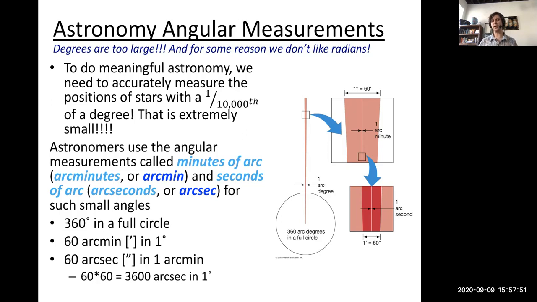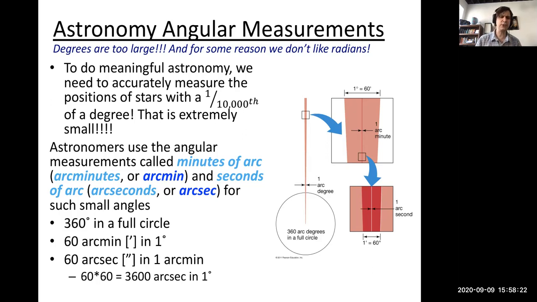And since there are 60 arc minutes in 1 degree, that means we have 60 times 60, 3,600 arc seconds in 1 degree. So 1 arc second is 1/3600th of a degree, which puts us right about where we need to be for doing meaningful astronomy. The arc second, even though it's a ridiculously small angle, is a large angle in astronomy, or at least whenever we're trying to measure things precisely.